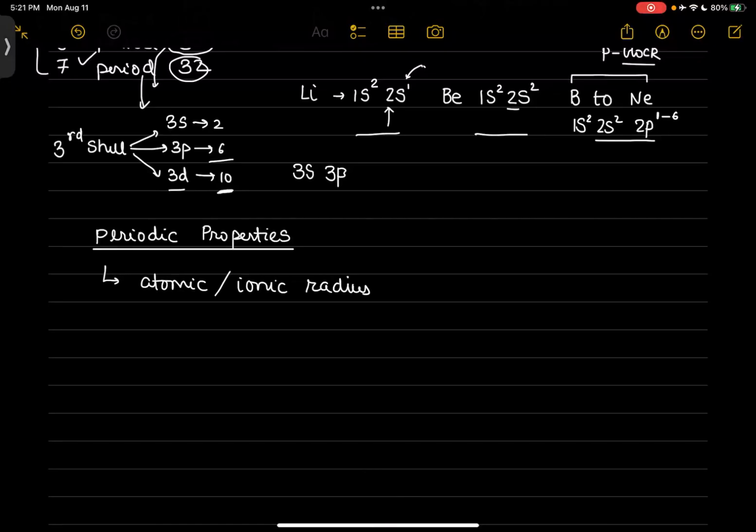Got it? Yes. Then you will have a property known as ionization energy. And the other properties, like metallic character and all, are related to these properties.